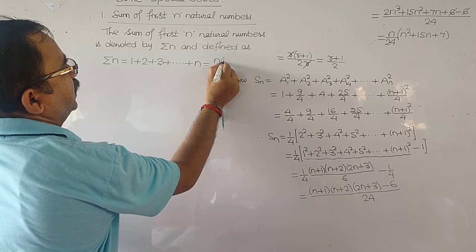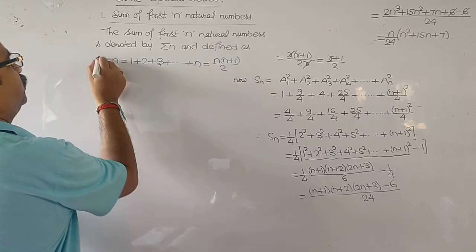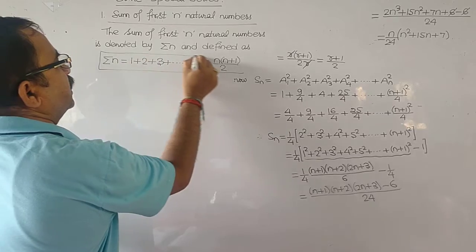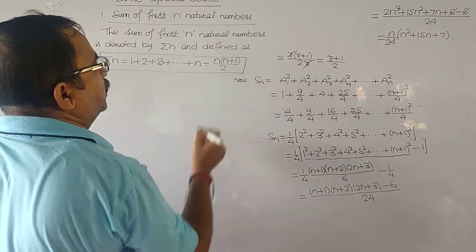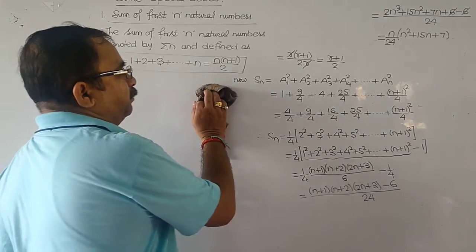This is n into (n plus 1) by 2. This is the sum of first n natural numbers.